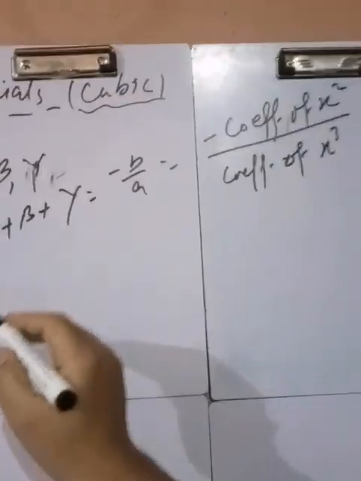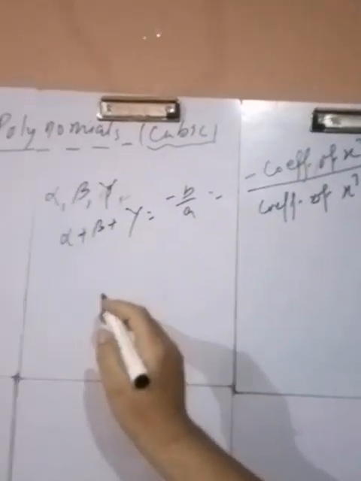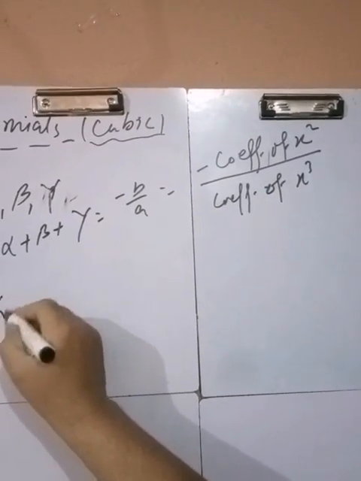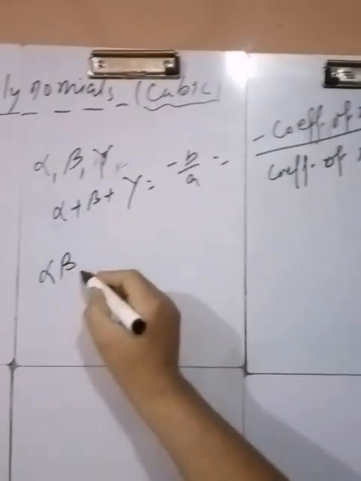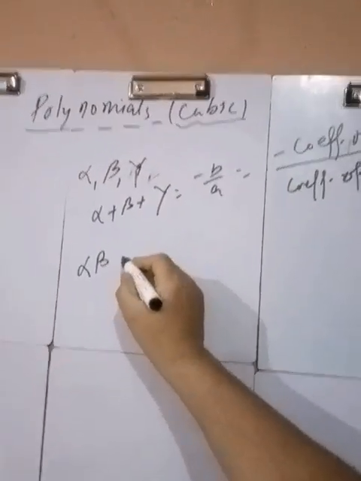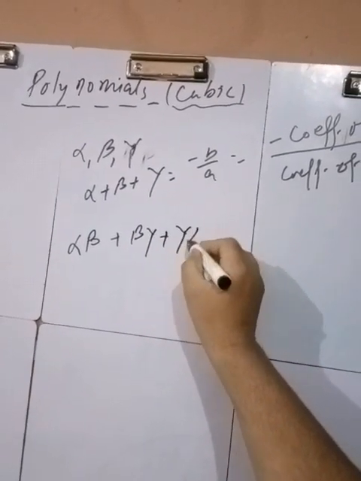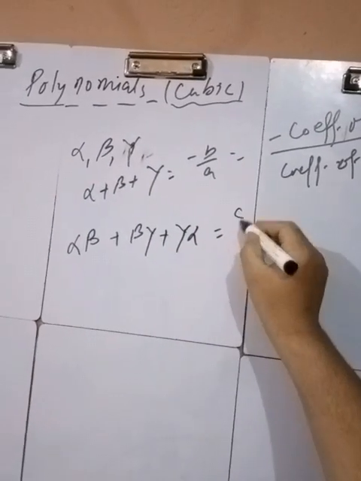Another is the sum of the product of zeros taking two at a time, alpha beta plus beta gamma plus gamma alpha, which was c by a.